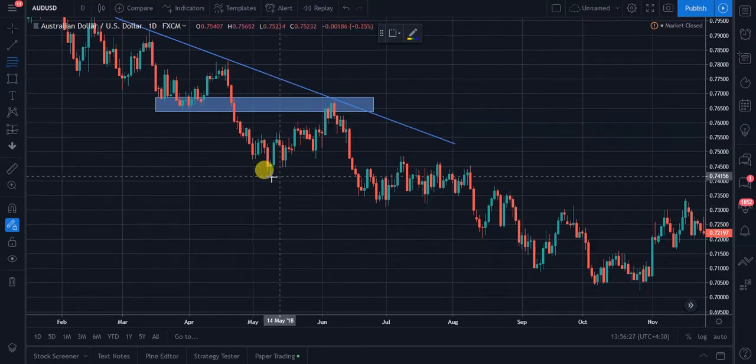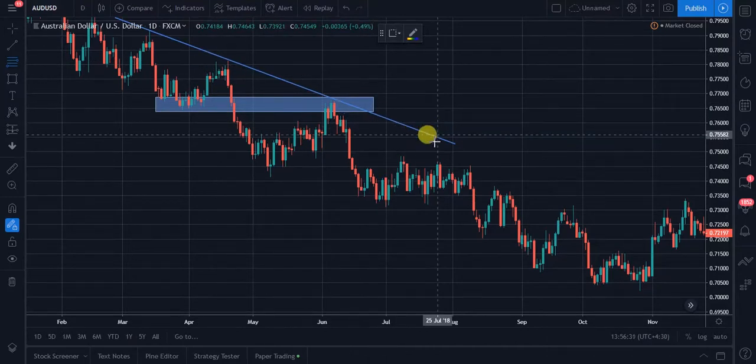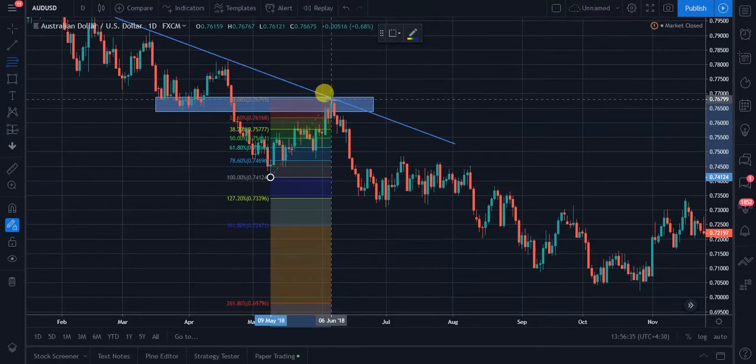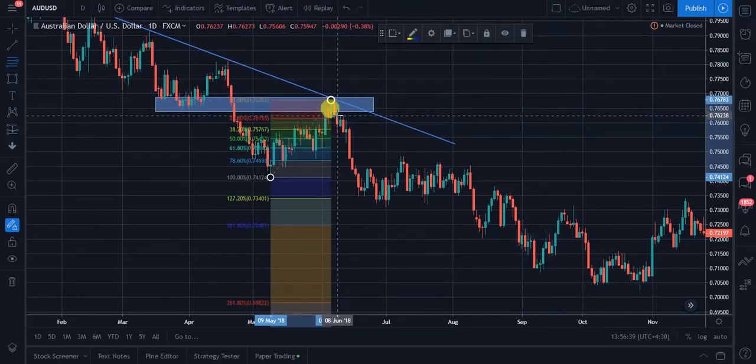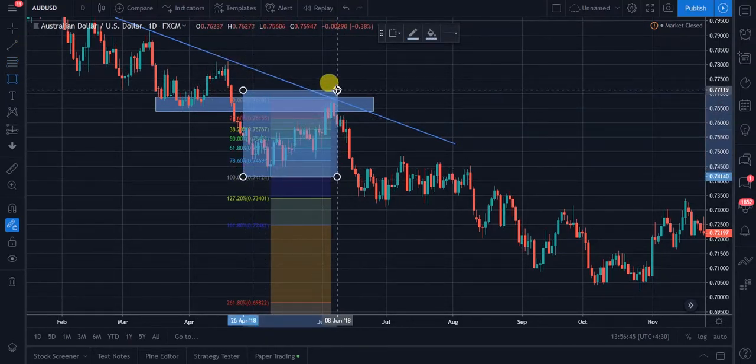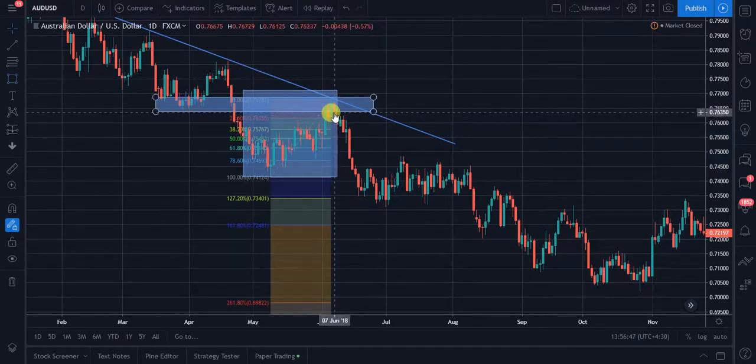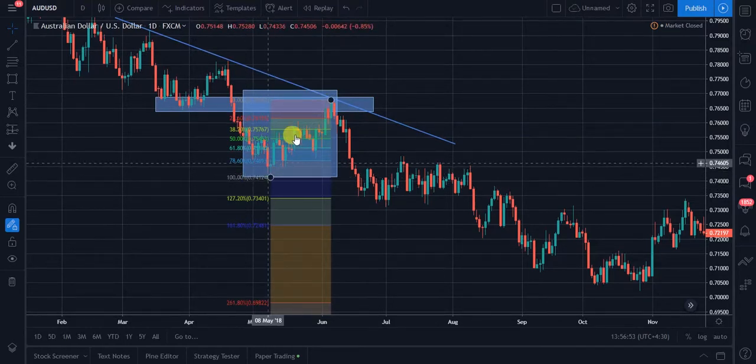So in a bearish market or bearish trend, we draw from low to high. The high is where we enter our trades. So for example, we are here. This is our last candle. We are here entering the trade. Check out the last high and last low.